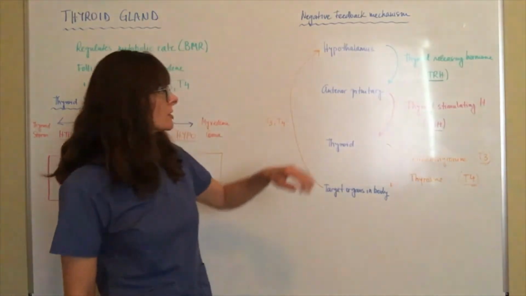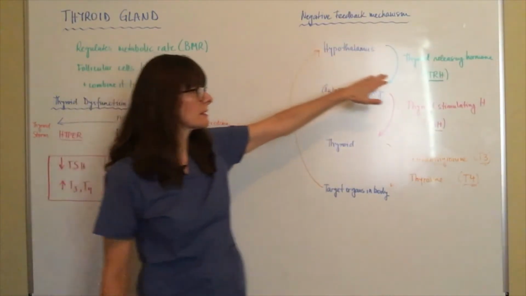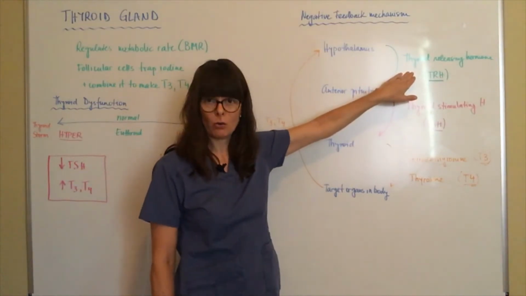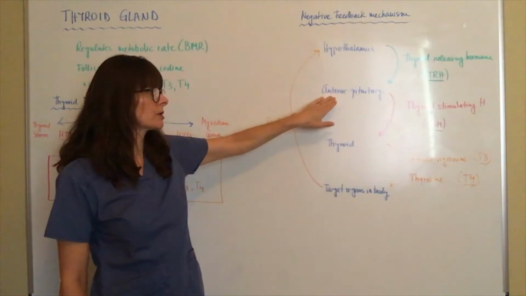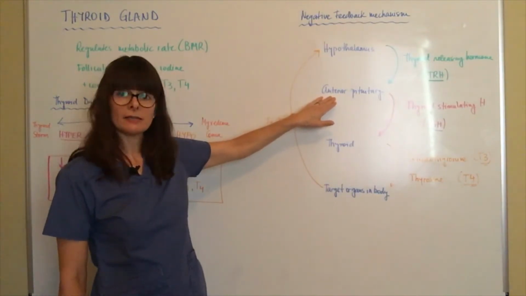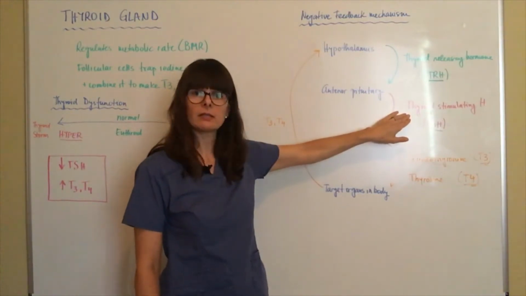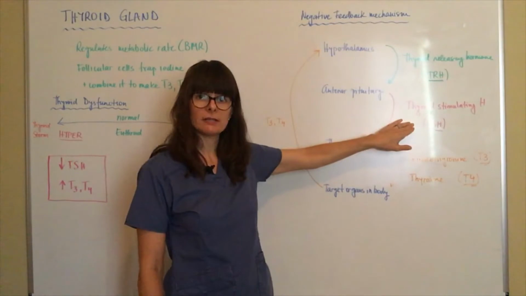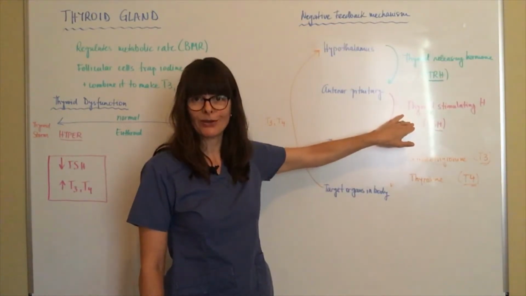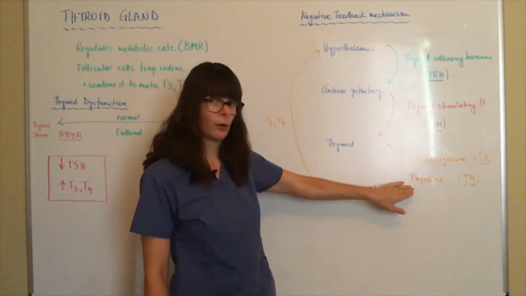But it all starts with the hypothalamus in the brain that releases thyroid releasing hormone and stimulates the anterior pituitary gland. The anterior pituitary gland in turn releases thyroid stimulating hormone, and that hormone TSH stimulates the thyroid gland right here to make T3 and T4.